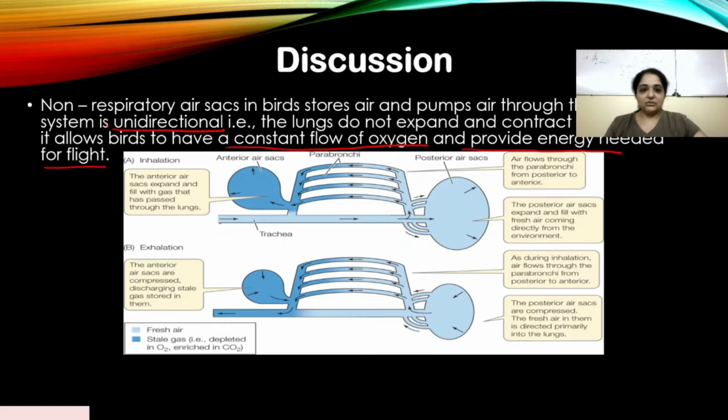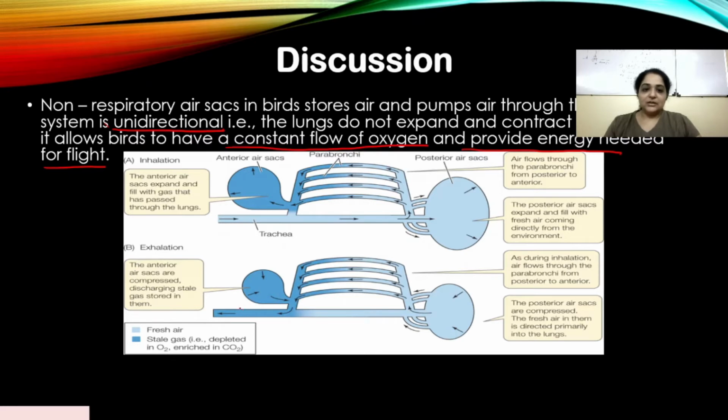flight. So as you can see, in inspiration or inhalation, in the trachea, the air moves in and fills the posterior air sacs. The air that was there in the posterior air sacs moves through the lungs and into the anterior air sacs. So there is air flowing in the lungs at that time.